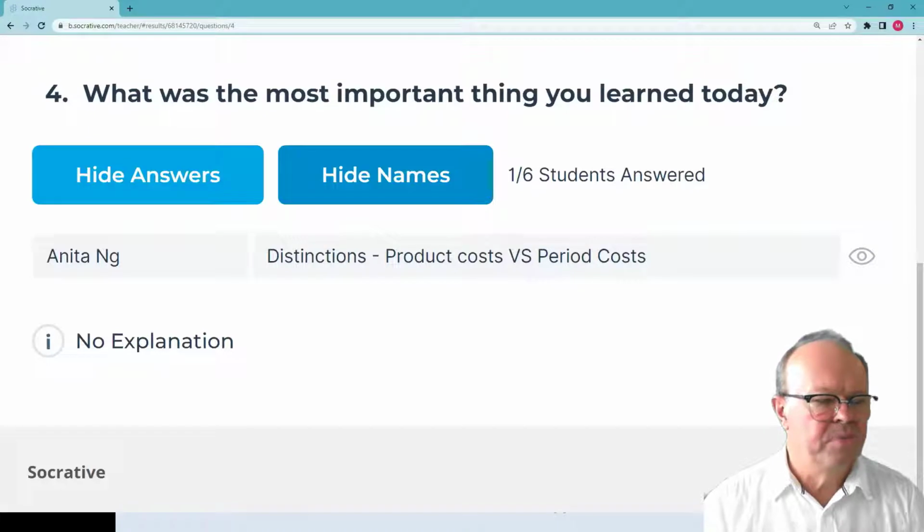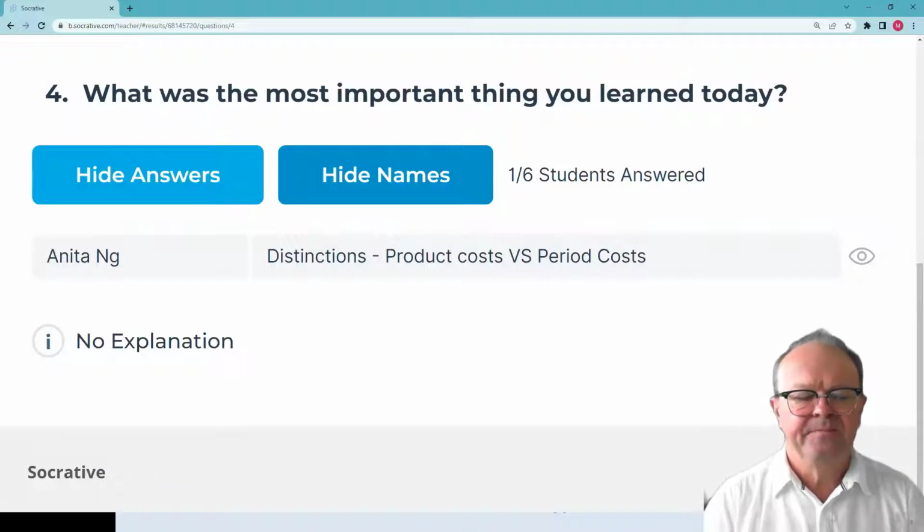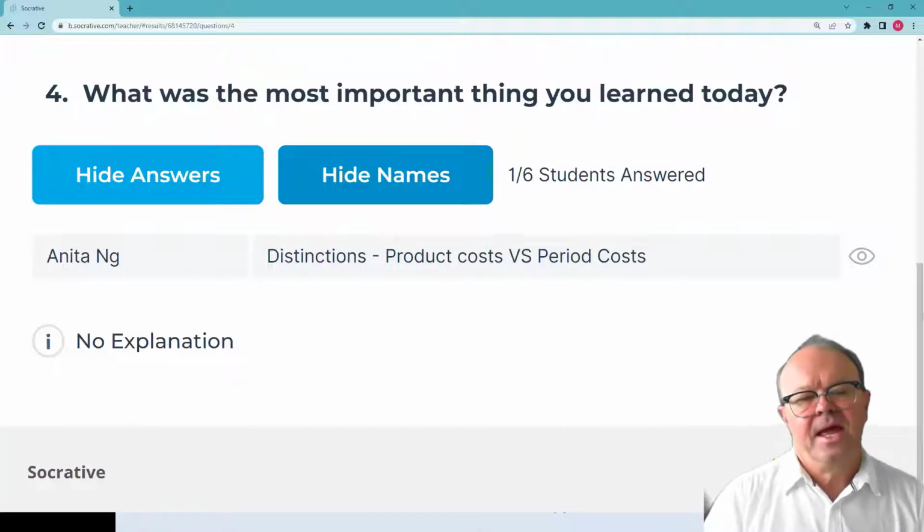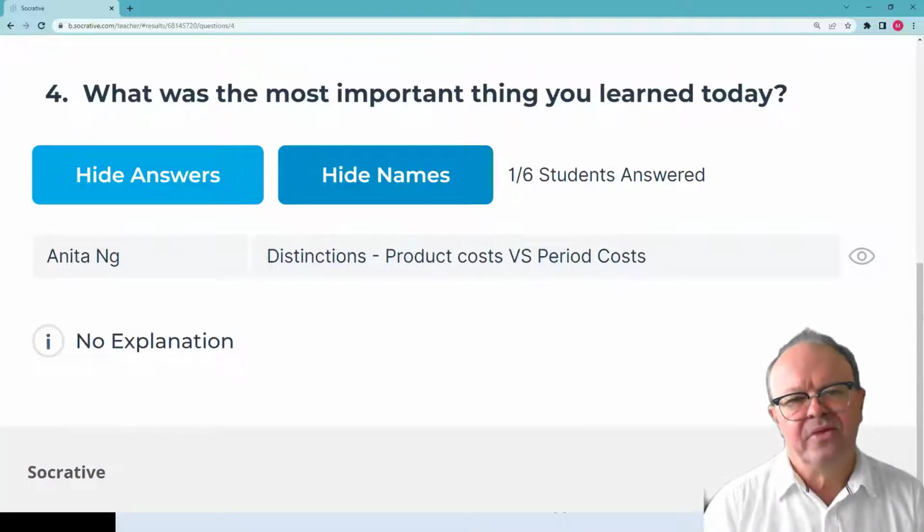What was the most important thing you learned today? So just as you're putting in your responses, Anita has said the distinction between product costs and period costs. Anita, why was that the most important thing you learned today?